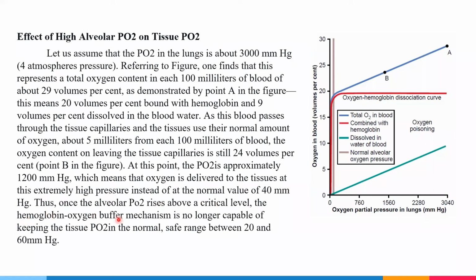Thus, once the alveolar PO2 rises above a critical level, the hemoglobin oxygen buffer mechanism is no longer capable of keeping the tissue PO2 in the normal safe range between 20 to 60 millimeters of mercury.